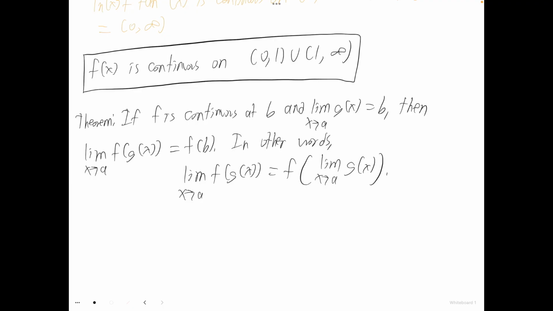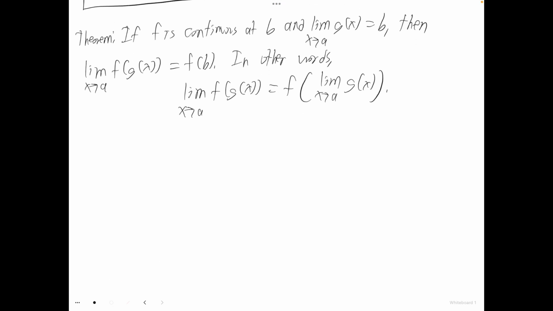And so what this is saying, in a sense, is that we can pull continuous functions out of limits. And so here we have pulled our continuous function f out of our limit. Now, one thing to note here is this actually is allowing the direct substitution that we were talking about before.